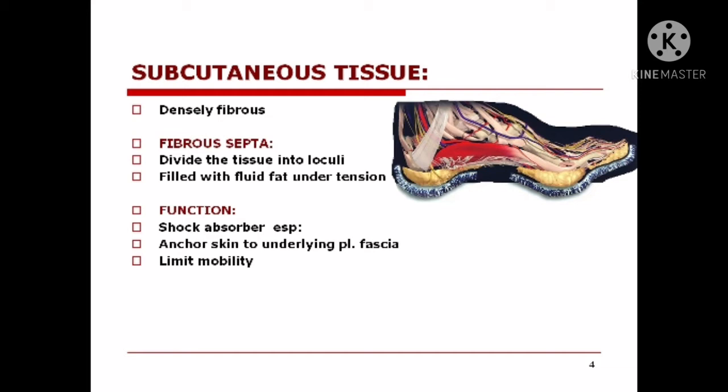These loculi are filled with fluid fat, and it is under tension, which provides resistance against the pressure. The function is shock absorption, and it anchors the skin to the underlying plantar fascia and limits the mobility of the skin.